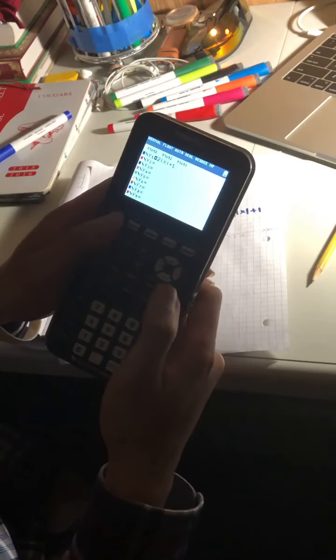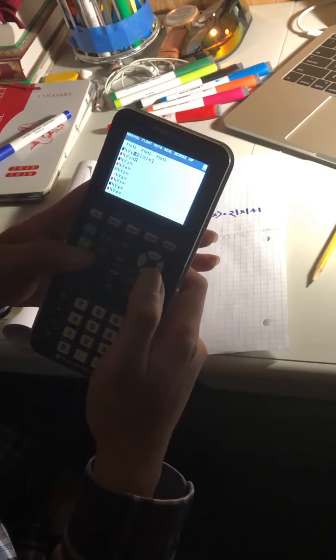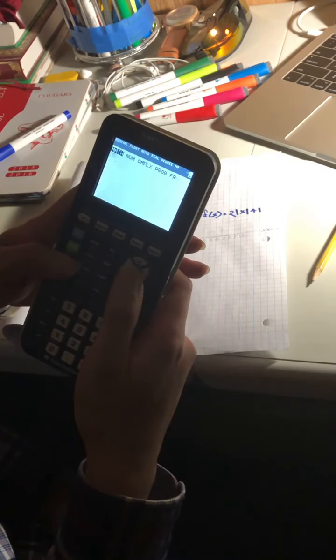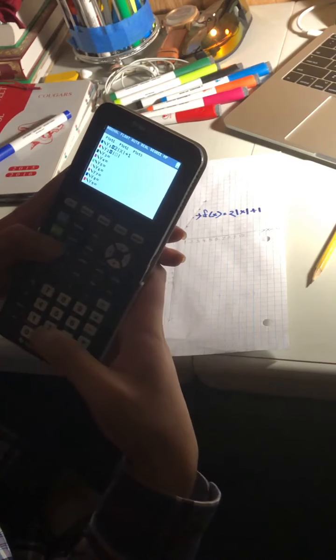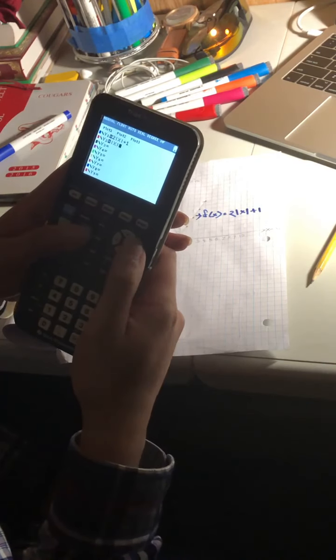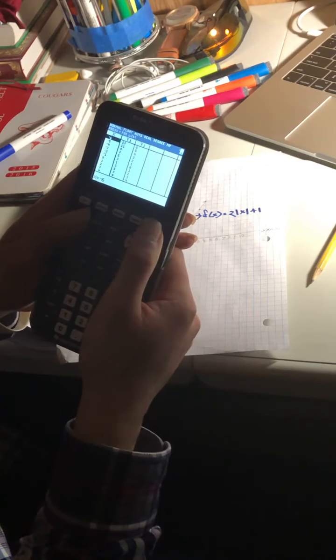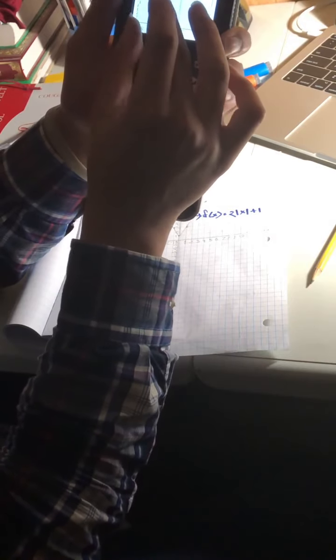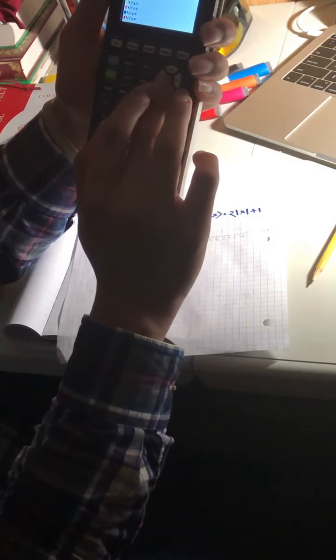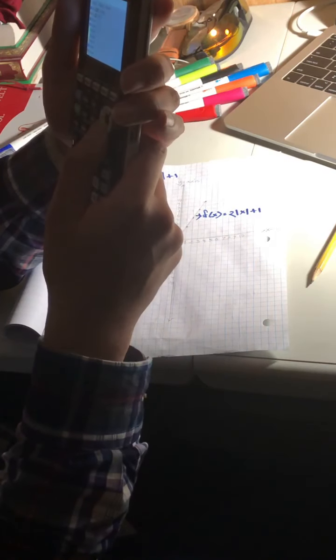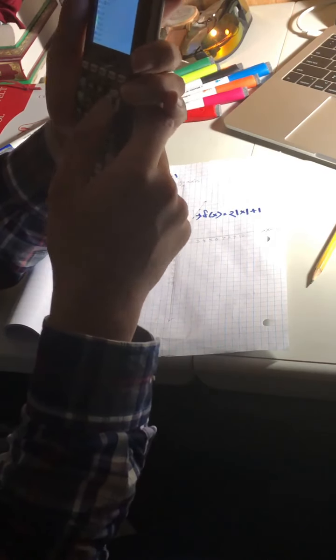Y equal to absolute value of x, second graph. Now my red one is the 2 absolute value of x plus 1 function, and the blue one is the, sorry, I made a mistake here.